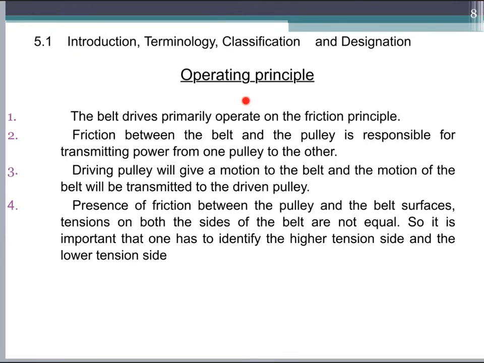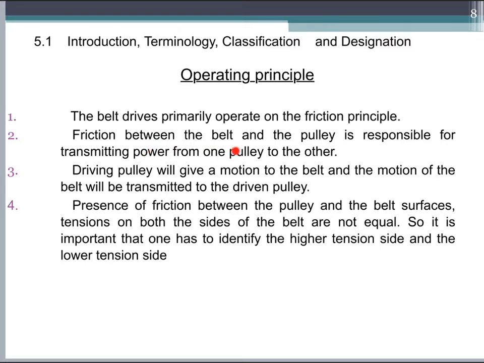So how does the belt operate? The belt operates because of friction. Friction between the belt and the pulley is responsible for transmitting power from one pulley to another pulley. If there is no friction between belt and pulley, no power can be transmitted.